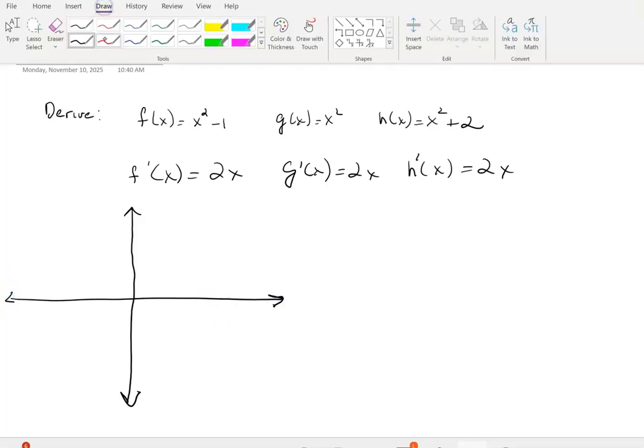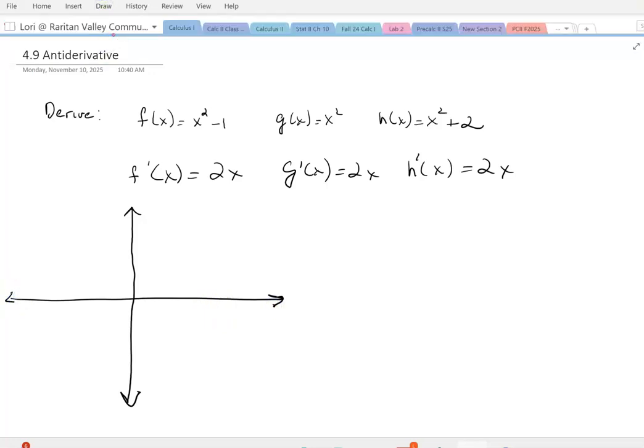let me draw our derivatives in different colors. So we'll do f of x equals x squared minus 1. Well, that's going to be a parabola down here, right? G of x equaling x squared is going to be a parabola directly at 0. Let me just identify them.